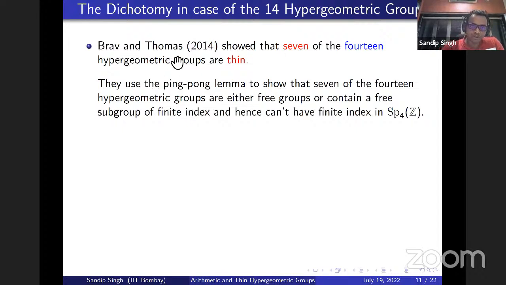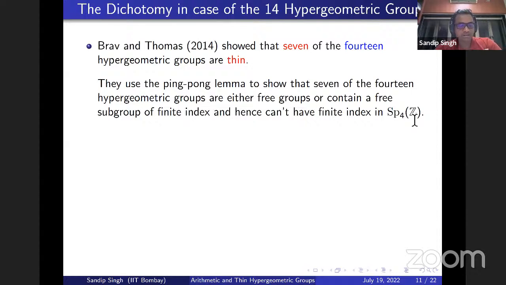Brav and Thomas also use the ping pong lemma to show that 7 of the 14 hypergeometric groups are either free groups or contain a free subgroup of finite index, and hence they can't have finite index in SP4Z. There is something called cohomological dimension of SP4Z, which is 2.